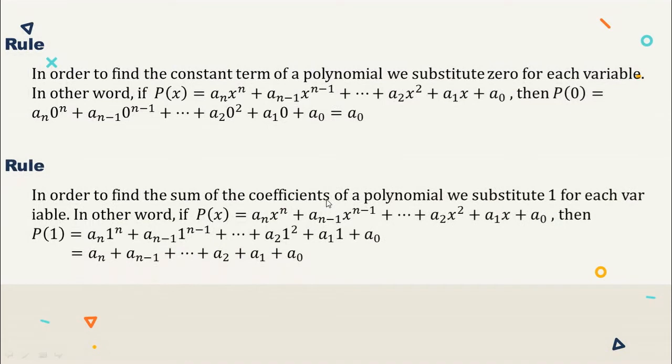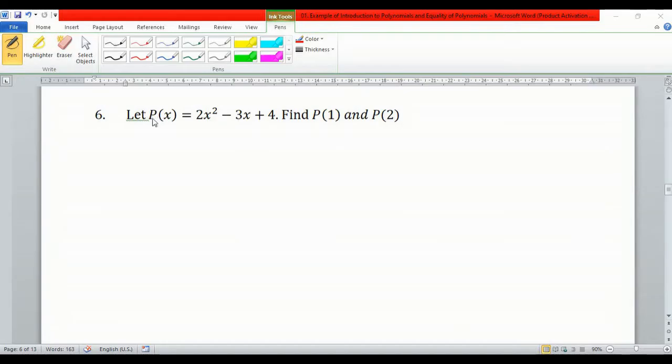And then in order to find the sum of the coefficients of a polynomial, we substitute 1 for each variable. In other words, if P(x) is like the previous slide, you substitute all the variables with 1, and then you will just get the coefficients, and when you add them all, you will get the sum of the coefficients. So without further ado, let's jump to the example.